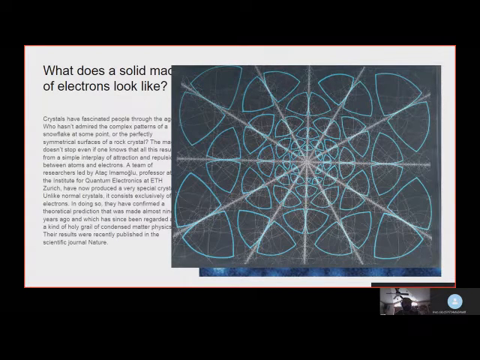A team of researchers led at this place in Zurich have now produced a very special crystal. Unlike normal crystals, it consists exclusively of electrons. In doing so, they have confirmed a theoretical prediction that was made almost nine decades ago, and which has also been regarded as a kind of holy grail of condensed matter physics. Their results were recently published in the scientific journal Nature.